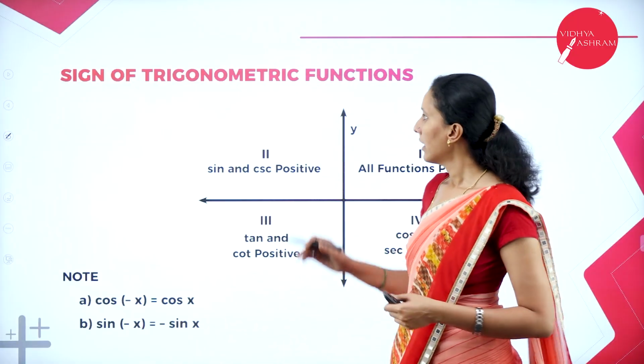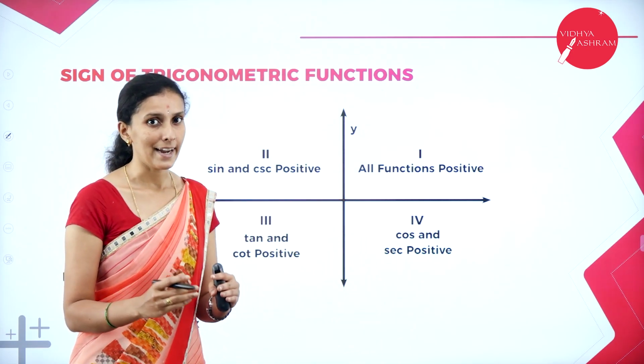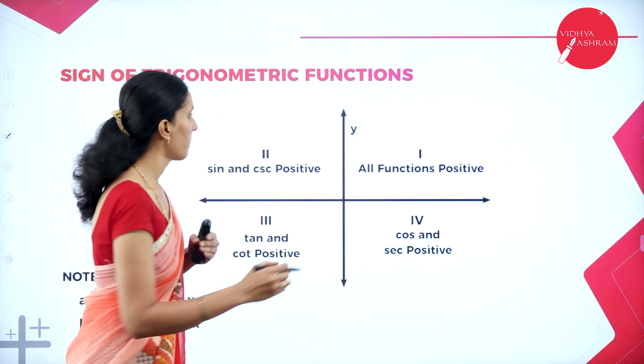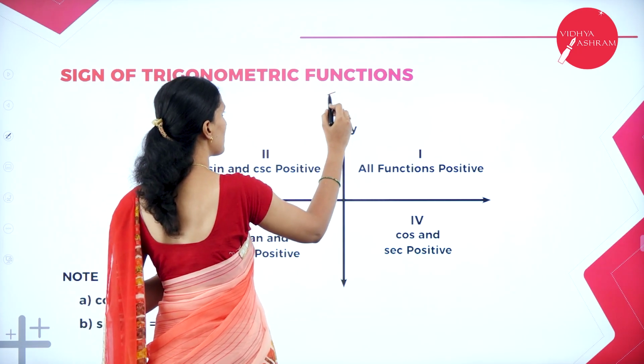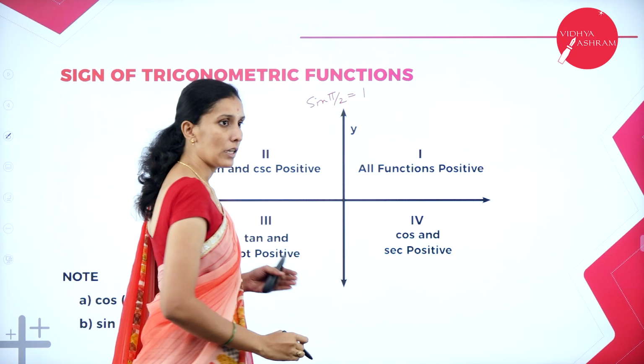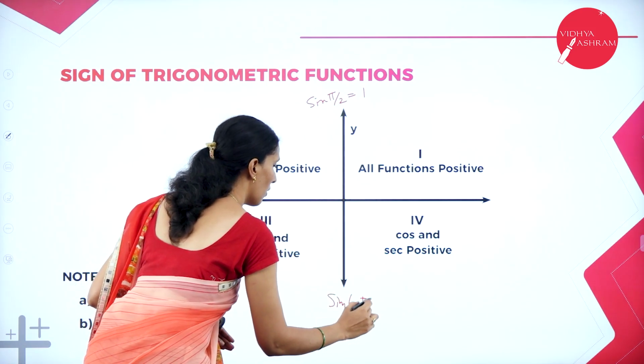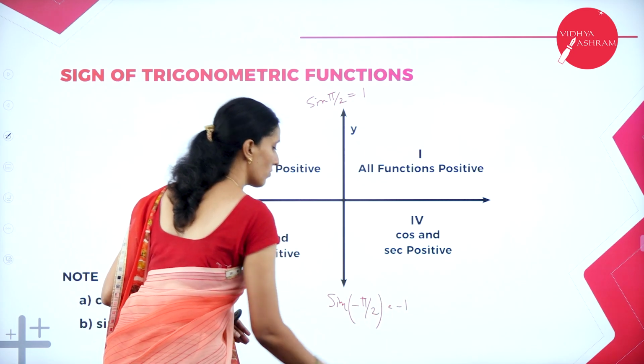Now here we have the sine trigonometric function. As you know, I said sine 90 is 1. So if you take this as pi by 2, what is the value of sine pi by 2? It is 1. Sine minus pi by 2 means minus 90. What is the value? It is minus 1.